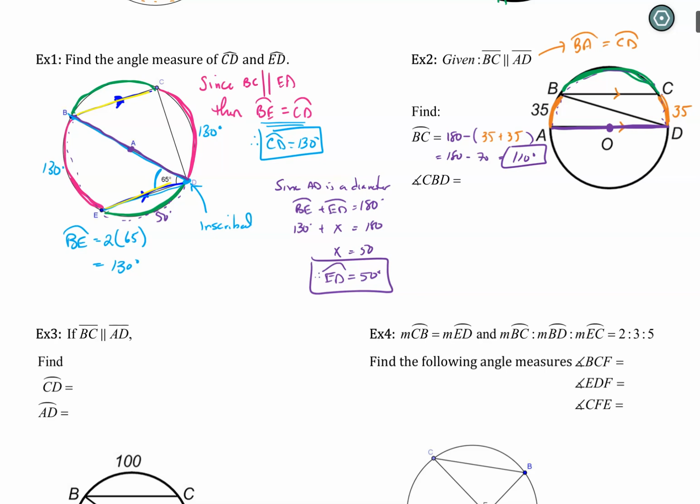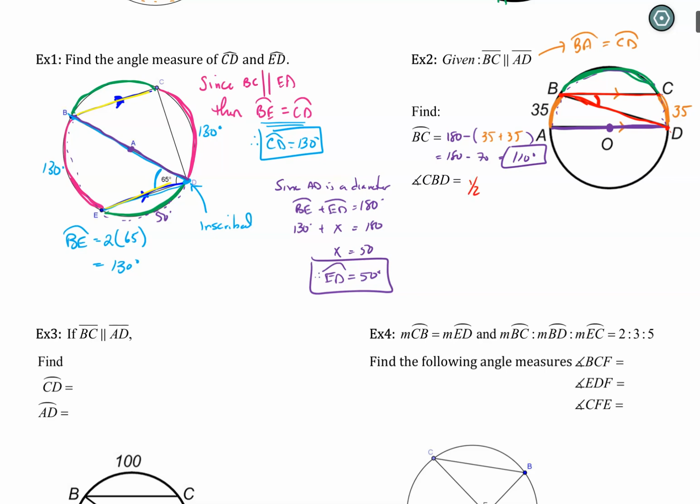The second part is angle CBD. I'm looking for this angle right here. So again, identify the type of angle that it is. If I trace it to make it stand out a little bit, I notice I've got two endpoints on the circle and the vertex is also on the edge of the circle. So therefore that is an inscribed angle.